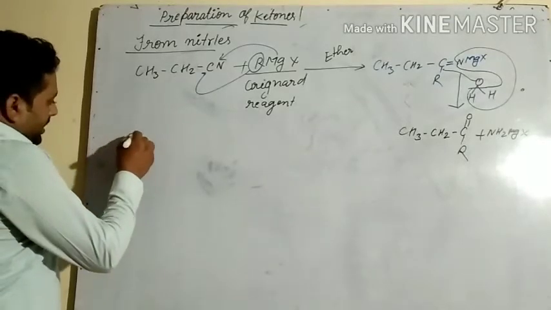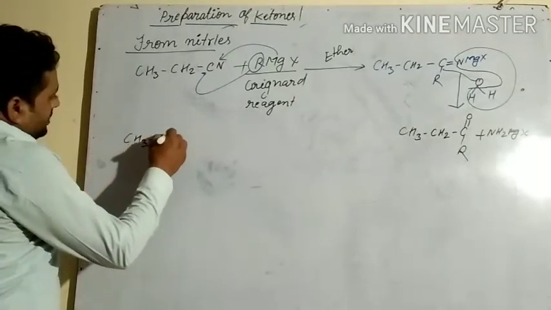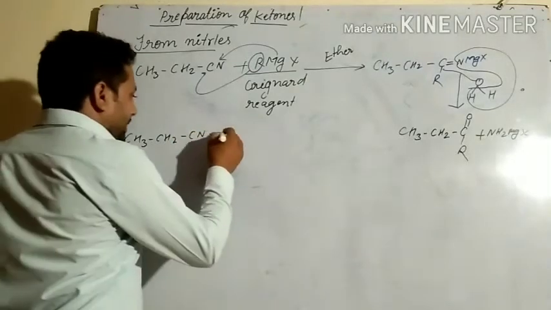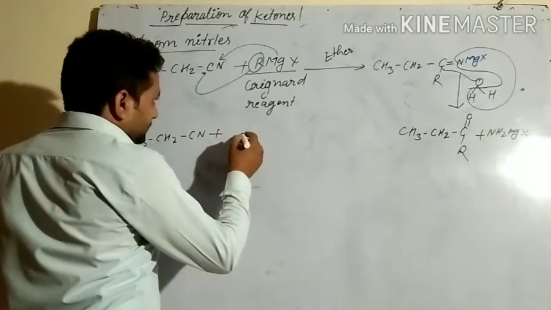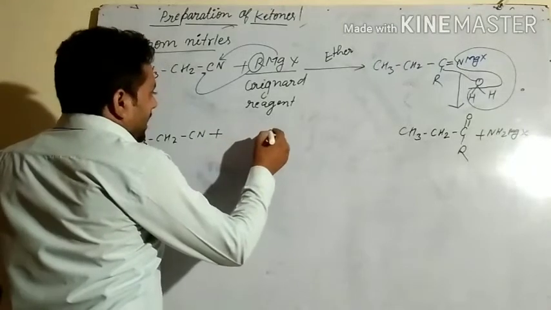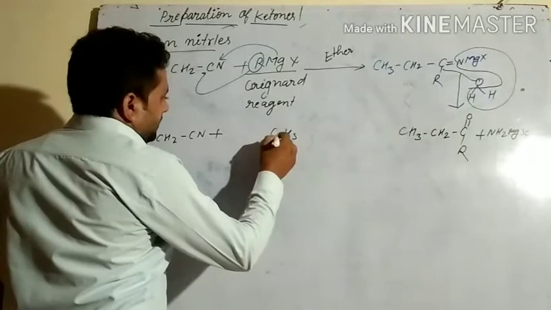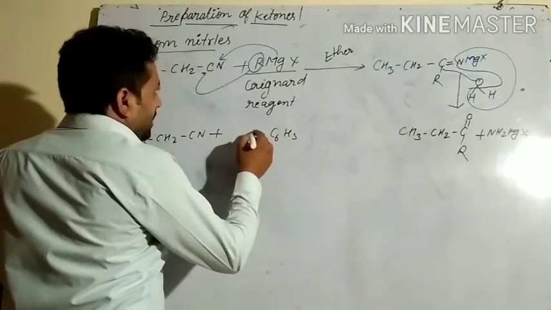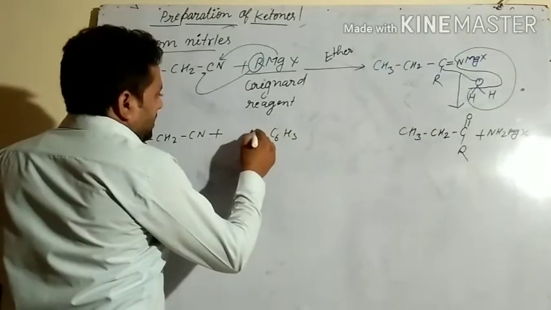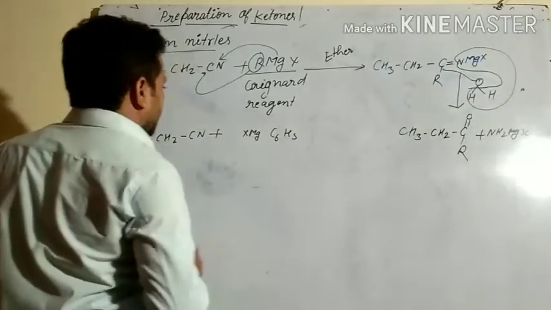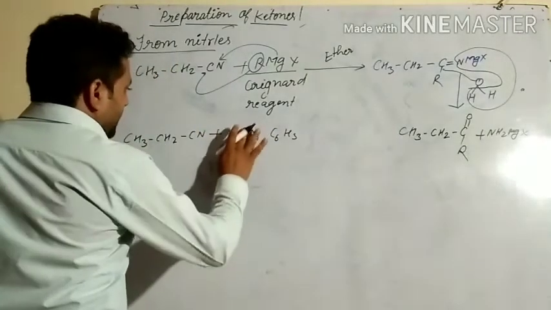So here, if we take CH3CH2Cl and react with, suppose, C6H5MgX, like this. Okay, I am writing MgCl.